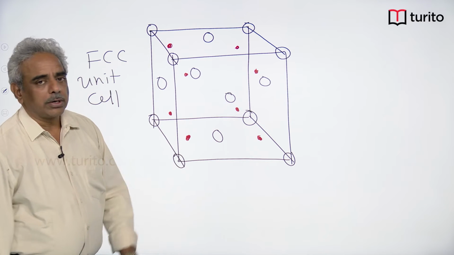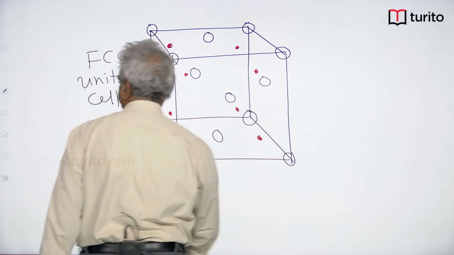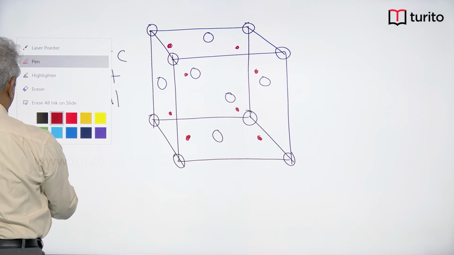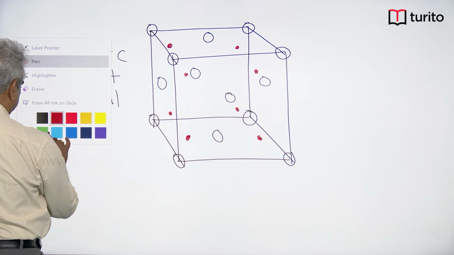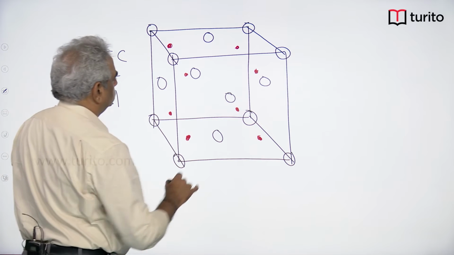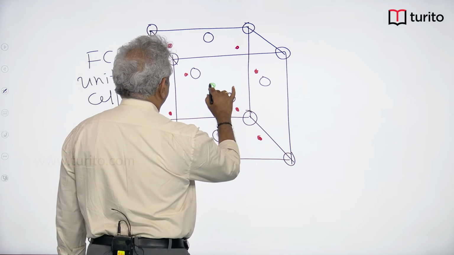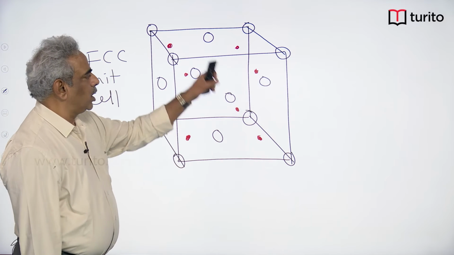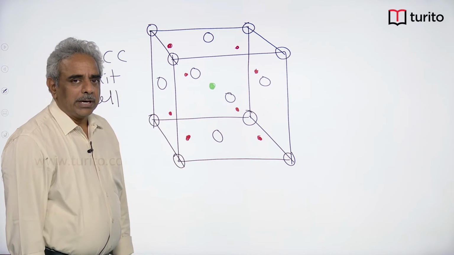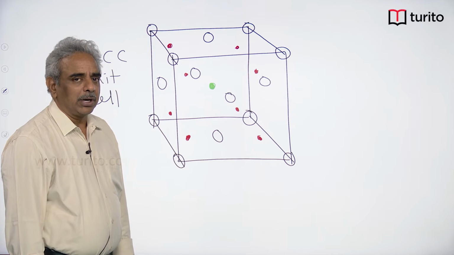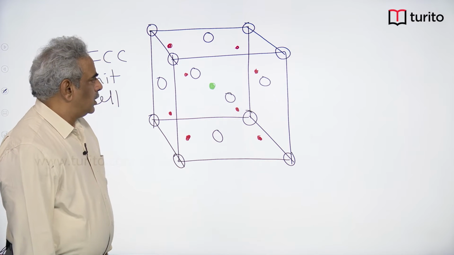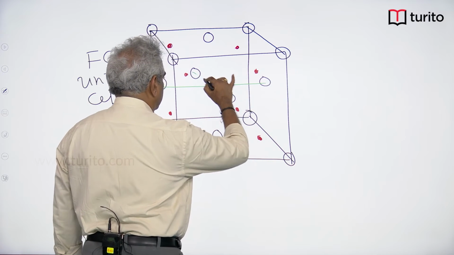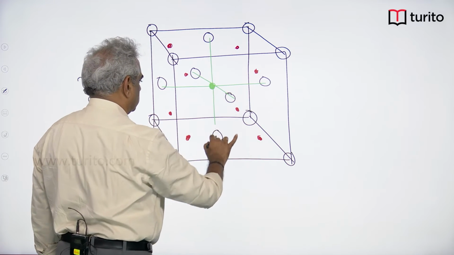Now, where do you have octahedral voids? The middle is an octahedral void, because that is in an octahedral environment, the intersection of 3 mutually perpendicular lines. I think I can show you like this, lines connecting left and right, back and front, top and bottom.